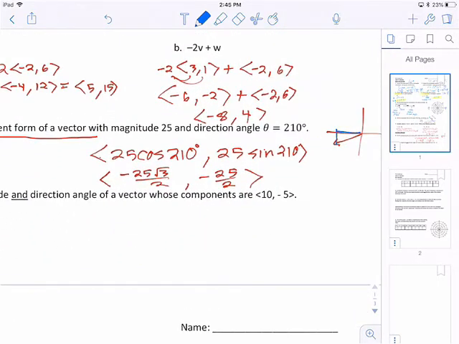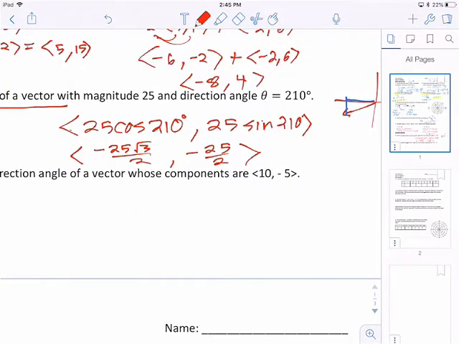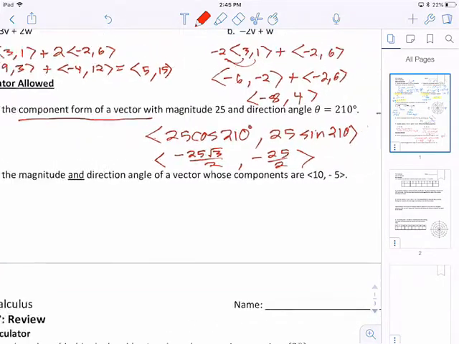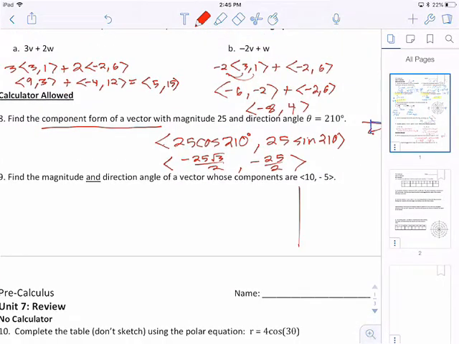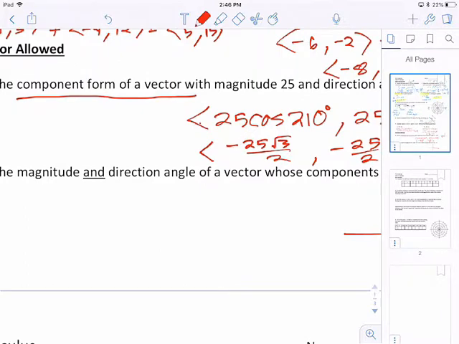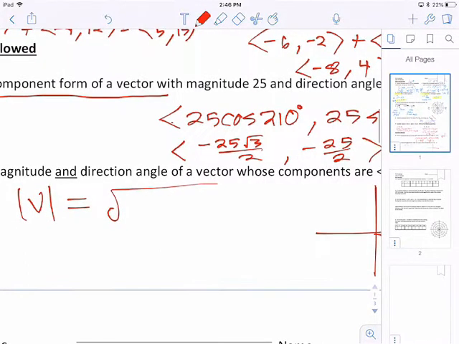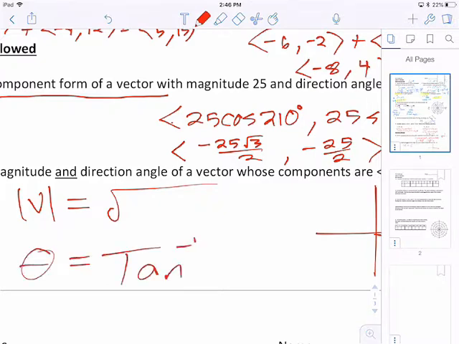And finally, for this page, and then I'll pause and I won't make a video of both pages at once, it'd be too long. But if I give you the x and y components of a vector, so 10, negative 5, so I got this lovely vector like that, will you please give me the direction and magnitude? The magnitude is the square root of x squared plus y squared, and the direction is inverse tangent of y over x.